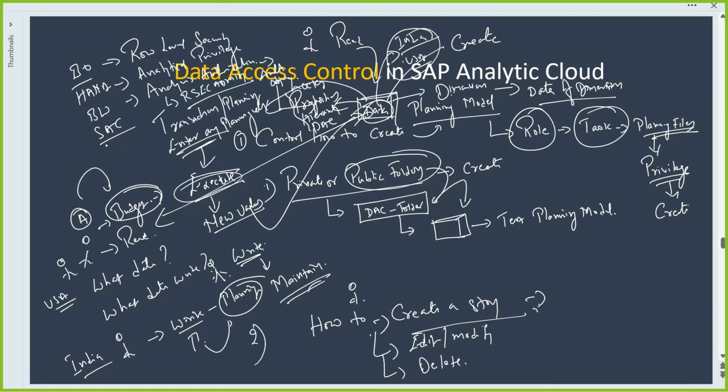So in SAC, we're going to control this with data access control. Row level security of your transaction data can be controlled with DAC. Okay, so let's do some practical now.